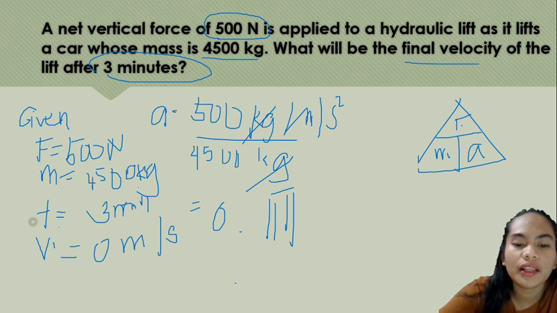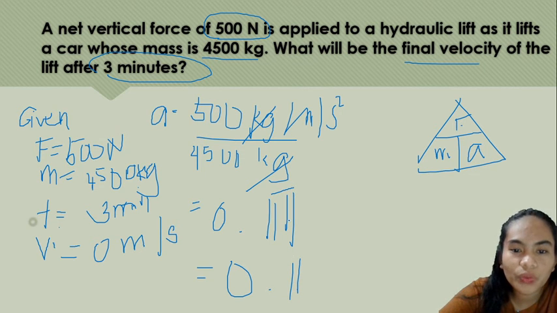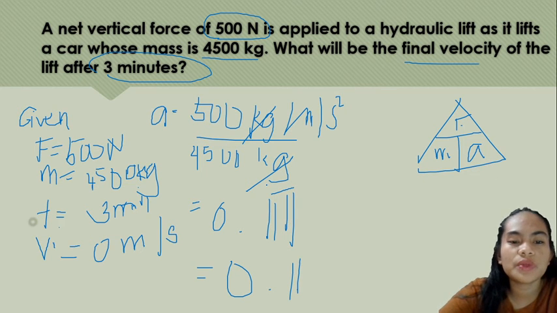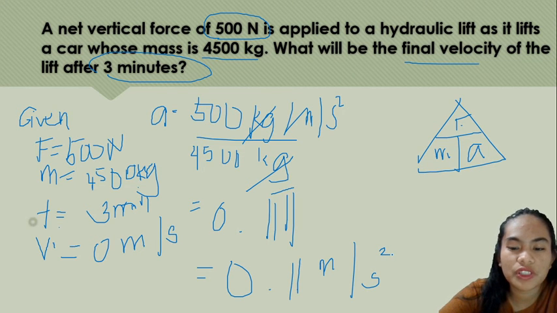But because we need accurate data, let's leave at least 2 decimal places. So, we have here the acceleration which is equal to 0.11 meters per second squared.